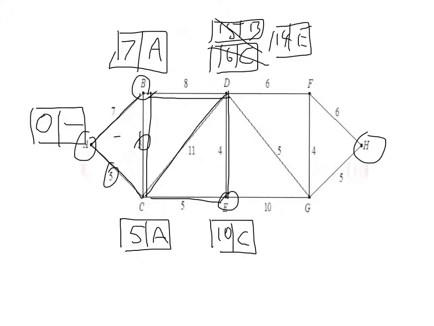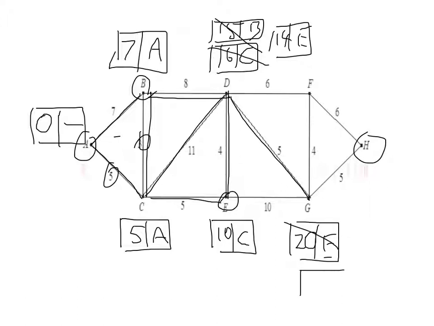Okay, what now? So I can go along that path now from E to G. Let's check that. That's going to be 10 and 10, which is 20. So I draw up my little box, and it's going to be 20 from E. Okay, and if I go from D along that way, I'm 14 and 5 is 19.